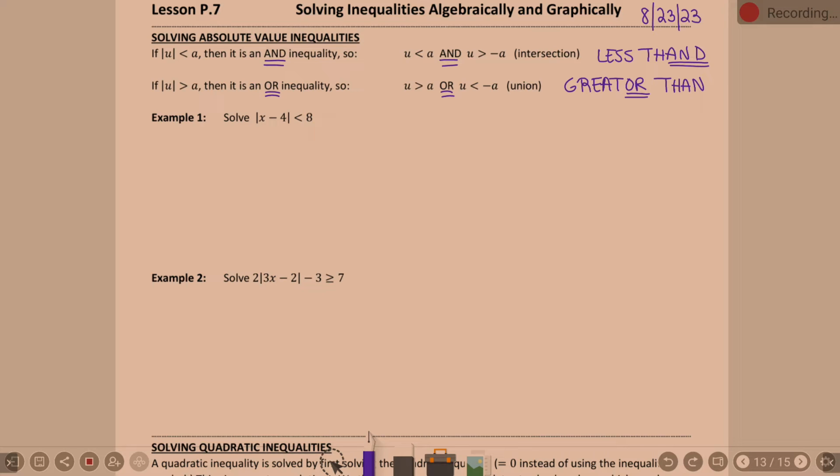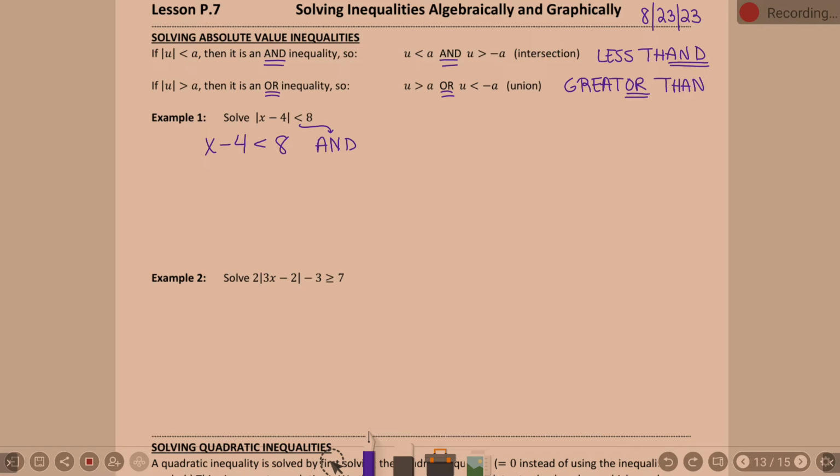The first one, as is: just drop your absolute value, nothing changes. So I'm going to rewrite this as x minus 4 less than 8. Because that is a less than sign, I'm going to put in an and.